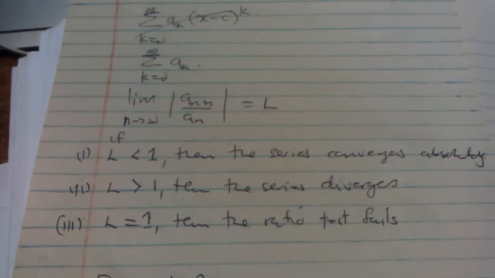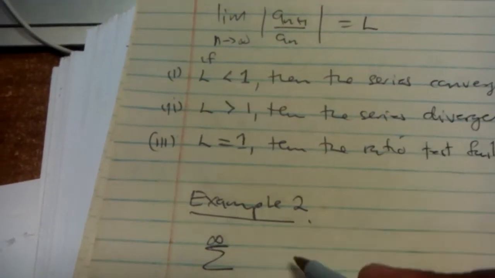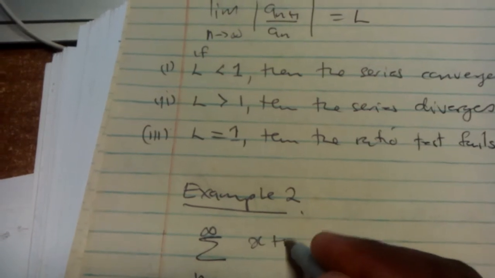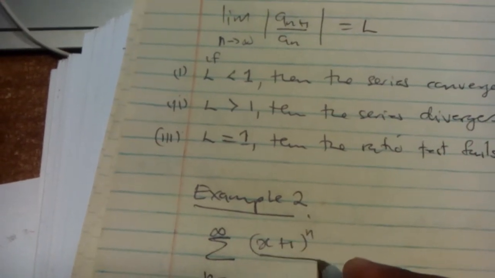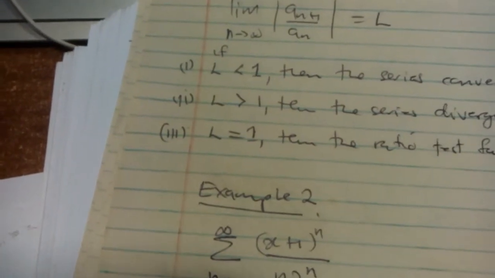Example 2 says determine the radius of convergence for this series, the sum from n equal to 1 up to infinity of (x plus 1) to the power n over n times 2 to the n. So, solution.